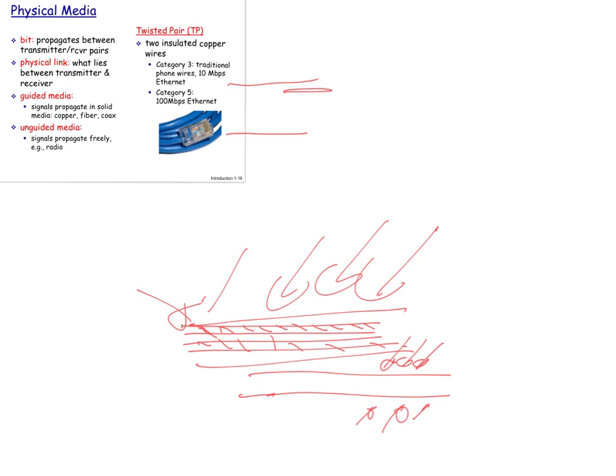Okay. So we can convert this into a digital signal or an analog signal. We call the digital signal a baseband signal, and the analog one we call broadband.